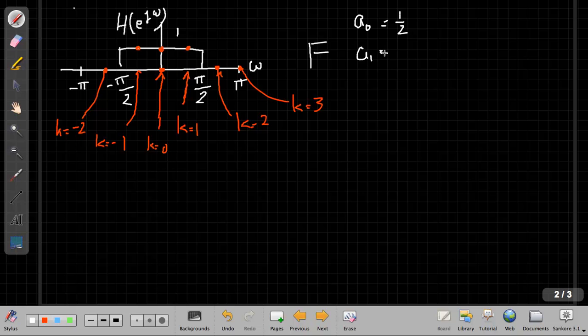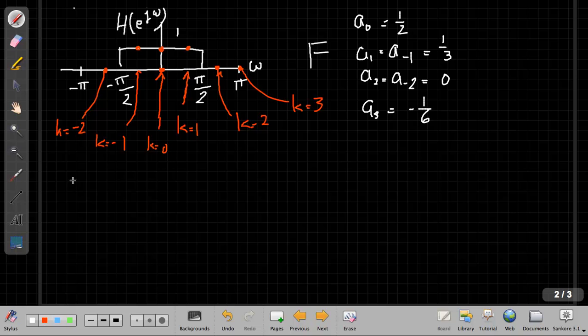A of 1 is the same as a of -1, which is 1/3. A of 2, by symmetry the same as a of -2, is 0. And a of 3 is -1/6.